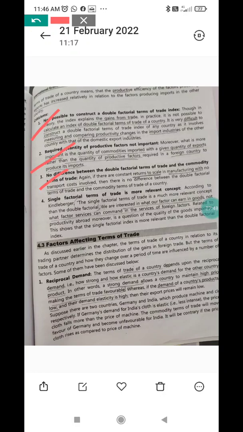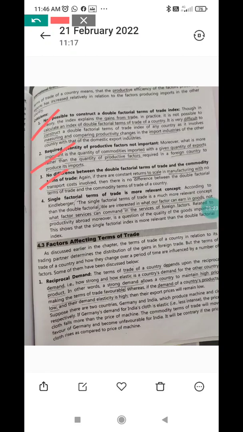Okay, related to productivity abroad, moreover, is the question of the quality of the goods imported. Again, I will read here. Related to productivity abroad, moreover, is a question of the quality of the goods imported. This shows that a single factorial index is more relevant than the double factorial index.